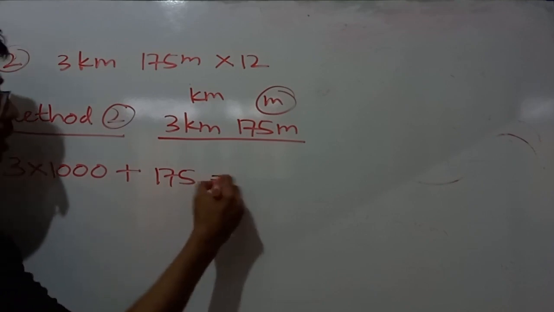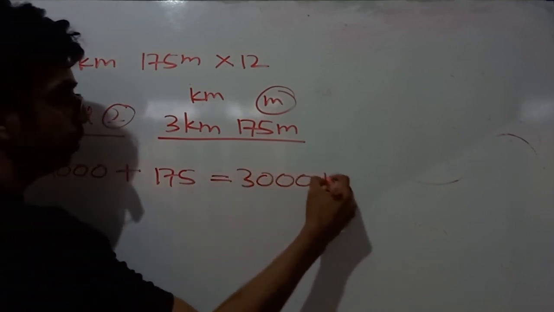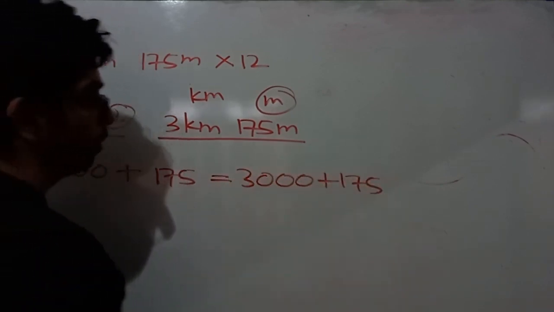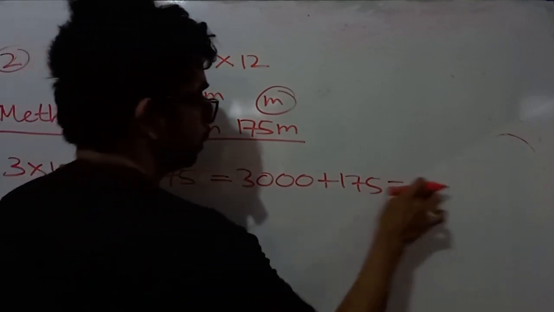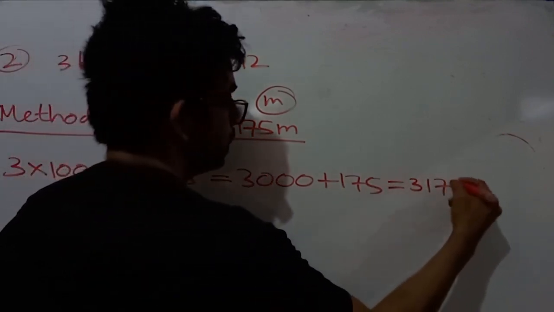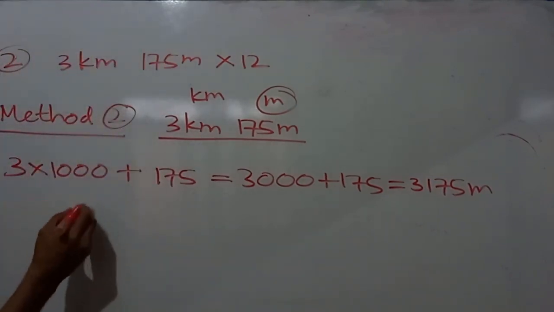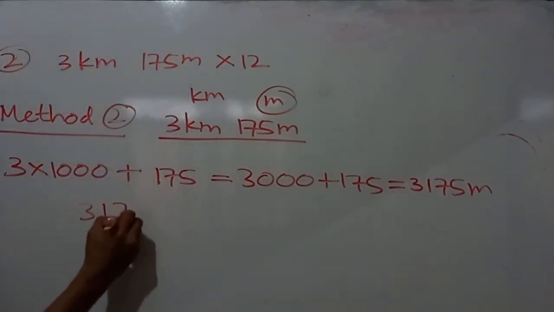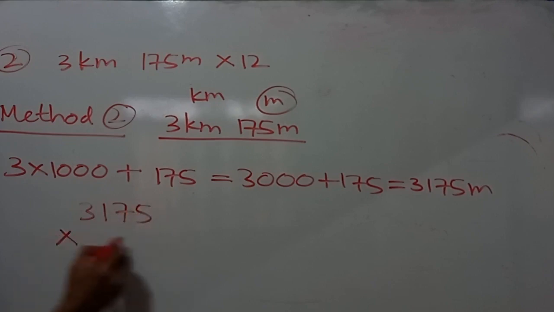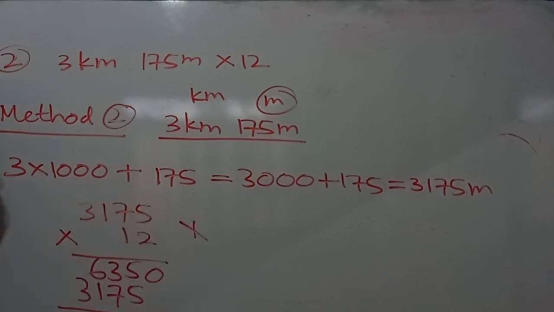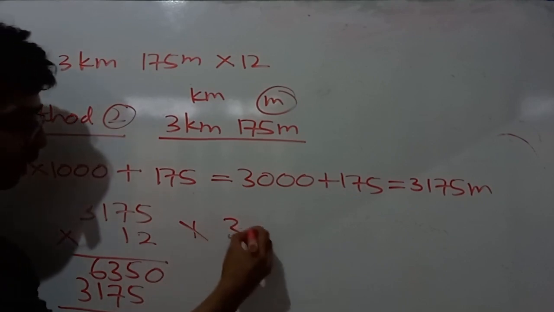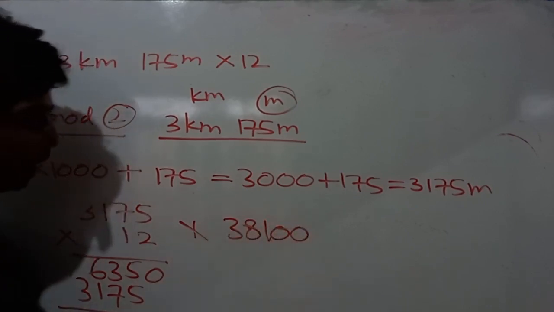So this becomes what? 3000 plus 175. So this is what? 3175 meters. Right, so now what do we do? We take 3175 and we multiply that by 12. So we have what? 38,100.